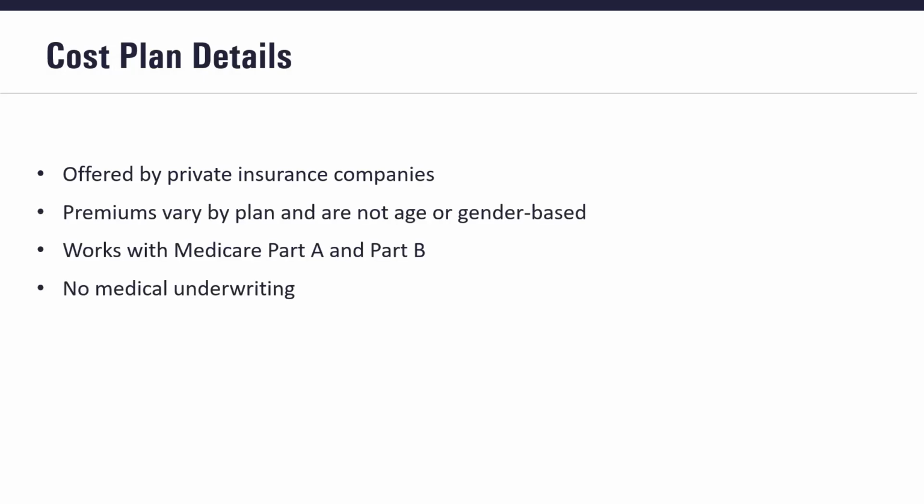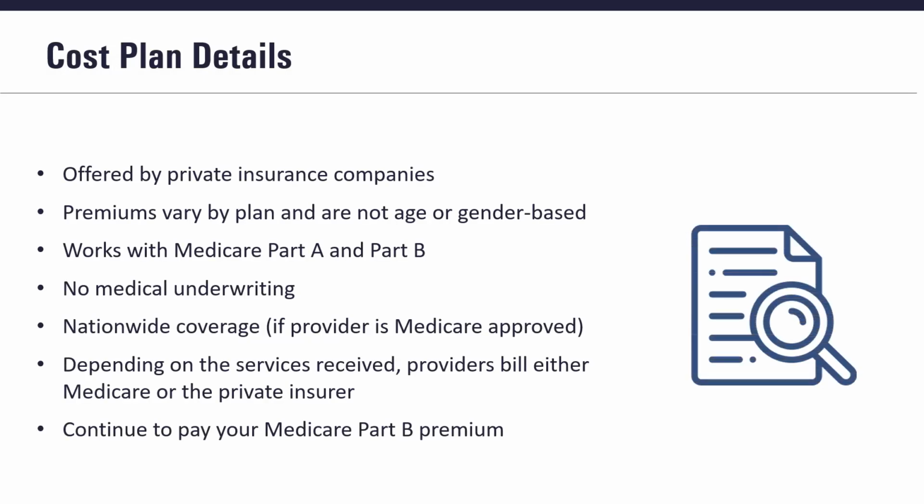All right, let's talk about cost plan details. Private insurance companies offer Medicare cost plans in certain parts of the country. The monthly cost or premium of a Medicare cost plan has nothing to do with one's age or gender. It is the same premium for every customer on that plan.